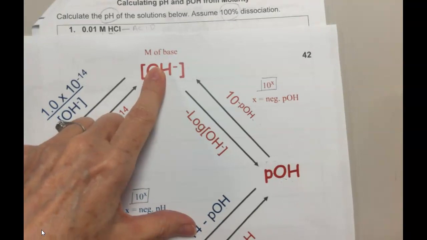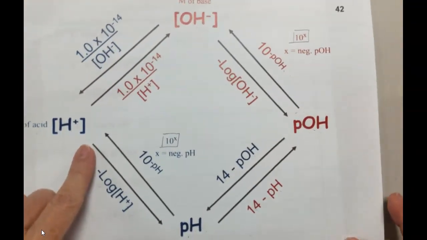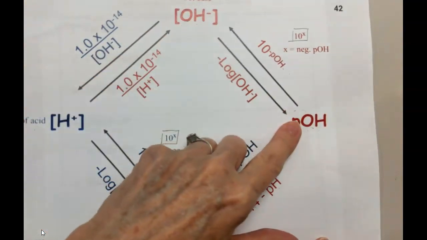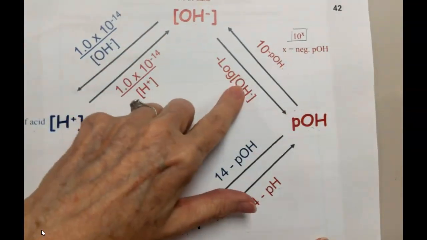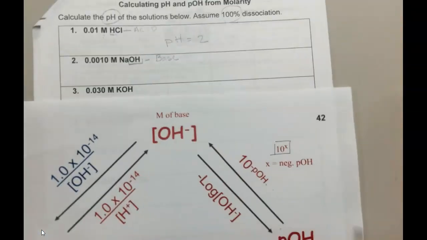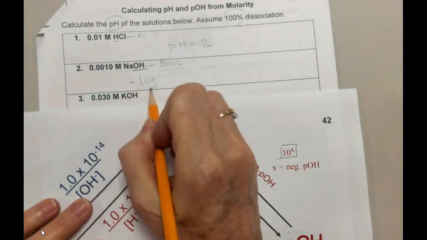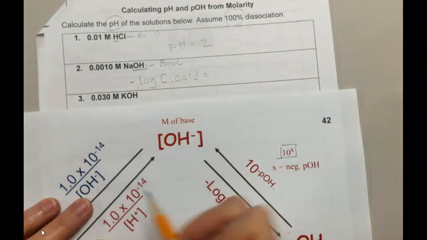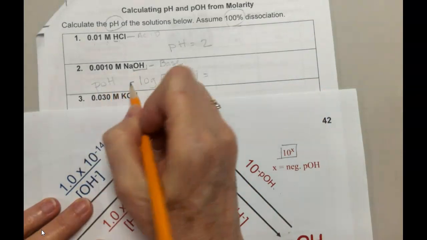So again, I want to know the pH, but notice I can't go straight from OH to pH. First, I'm going to have to solve for pOH. So I'm going to take the negative log of 0.001. Okay, this will give me the pOH.